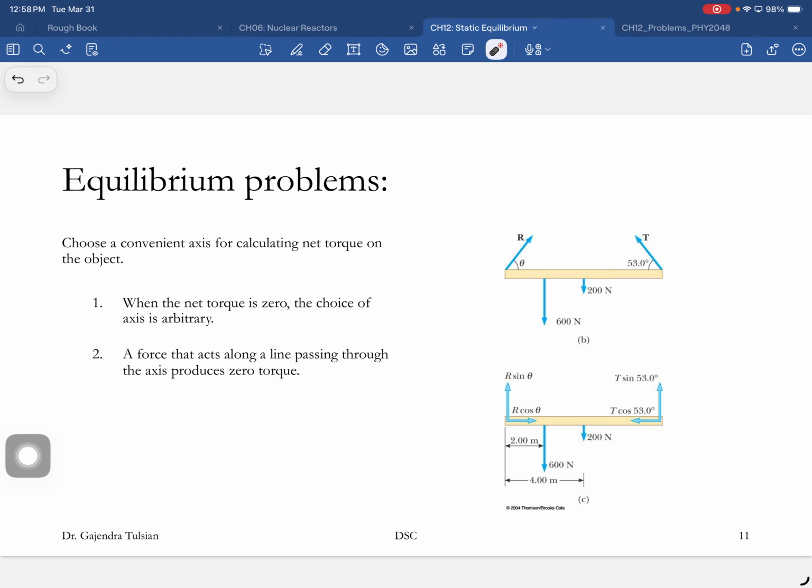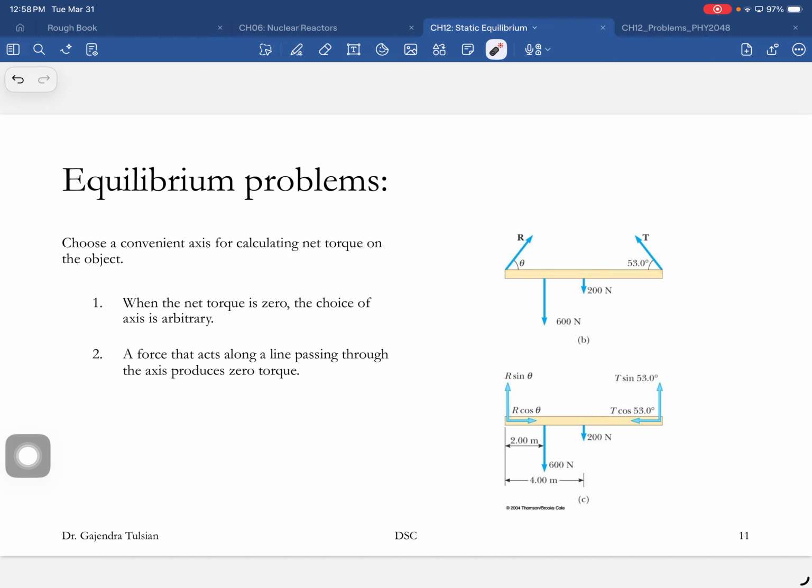So for instance, in this picture, if you're calculating the torque about this point, what we have done is broken this force into that component and this component, and the reason we did that is because this component will have 0 torque. It's passing through the axis. And the moment arm of this one is easy to calculate. It's just this length. So oftentimes you break up a force into components which are convenient.